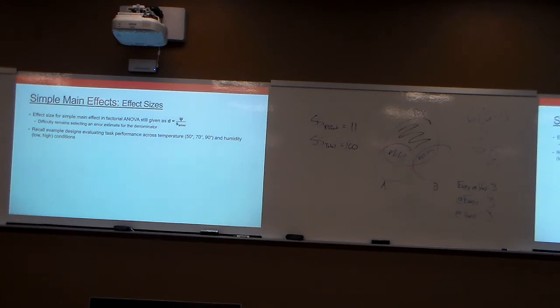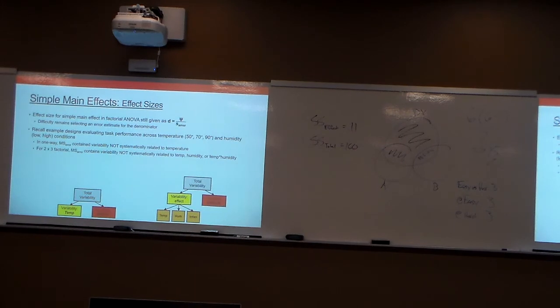Remember, we've gone through and done our example, looking at task performance across temperature and humidity conditions, right? In our one-way ANOVA, our mean squared error looks at variability not systematically associated with temperature. So we've got total variability due to temperature, everything else is error. In our factorial design, we've got temperature, humidity, interaction, right?